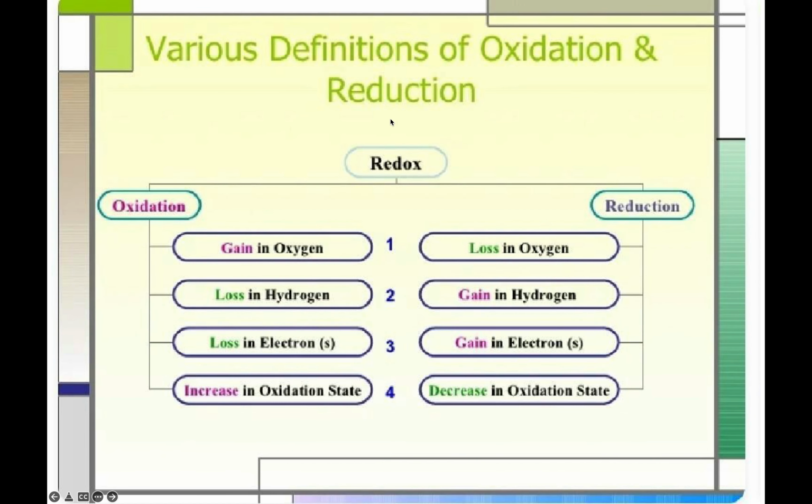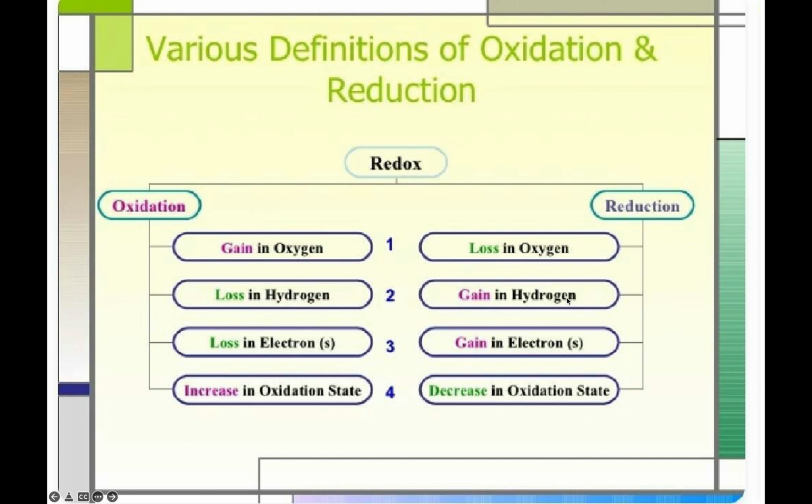Now we have got various definitions of oxidation and reduction. I keep on repeating this because this is very important and you should remember this well. Redox reaction, we divide it into oxidation part and reduction part. Oxidation involves gain in oxygen or loss of hydrogen or loss of electron or increase in oxidation state, whereas reduction involves loss of oxygen. Gain in oxygen for oxidation means loss of oxygen for reduction. Don't get confused with this concept.